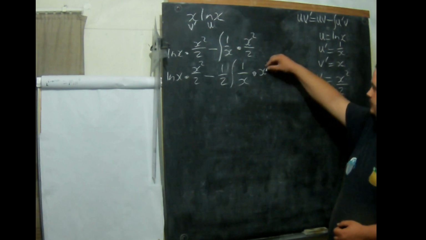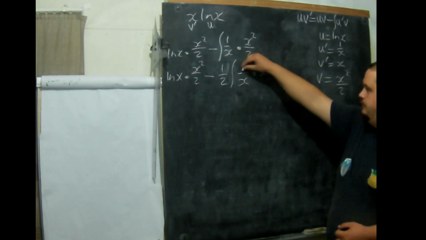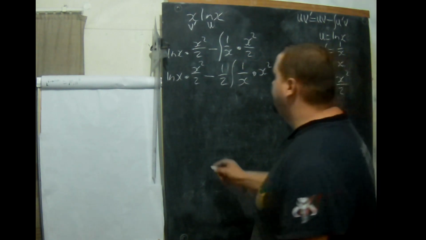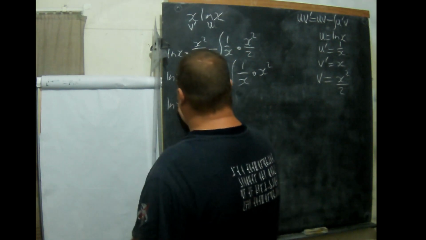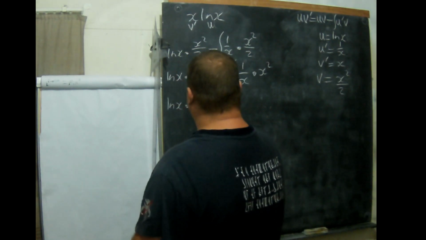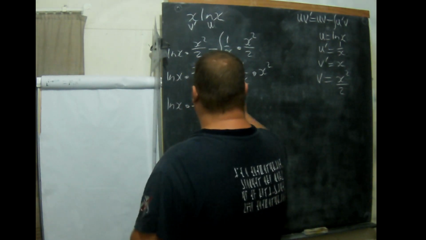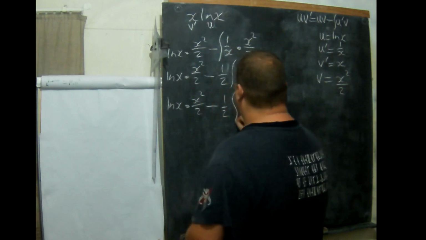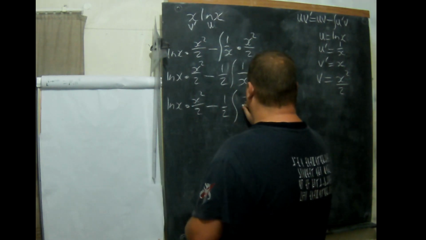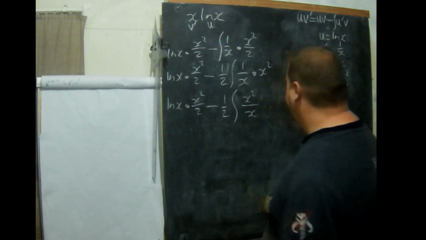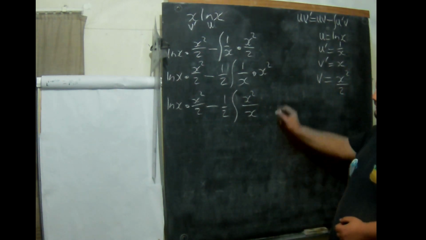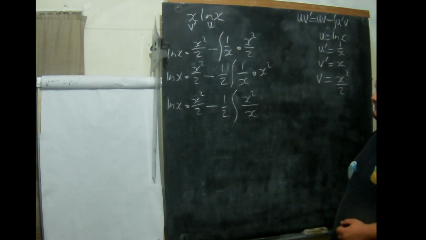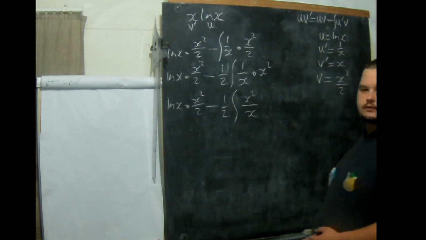Now we're going to put the x squared on top of the x. So it is ln x times x squared over 2 minus a half the integral of x squared over x.